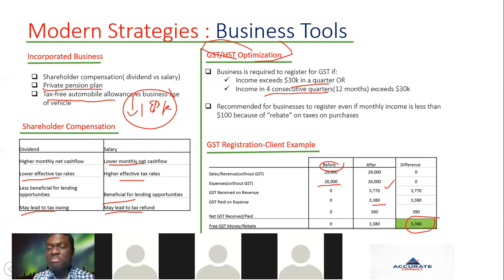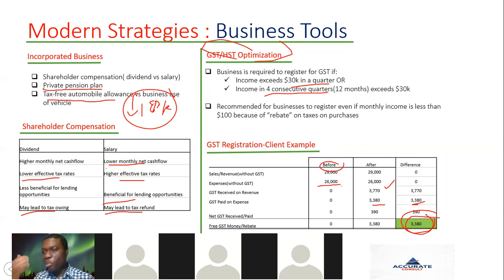When you buy something on behalf of your business, you pay GST, what we call your input taxes. So you can claim this amount. Effectively, it is not mandatory for this client to register for GST, but this client registered, and effectively it gained almost more than 3K for just registering for GST and collecting GST for the government.